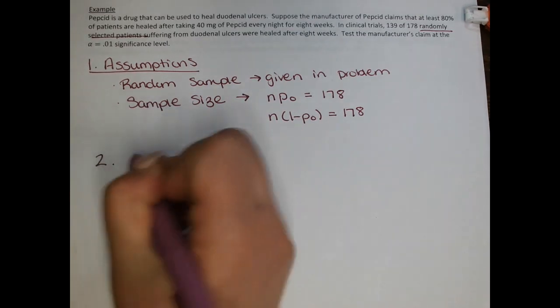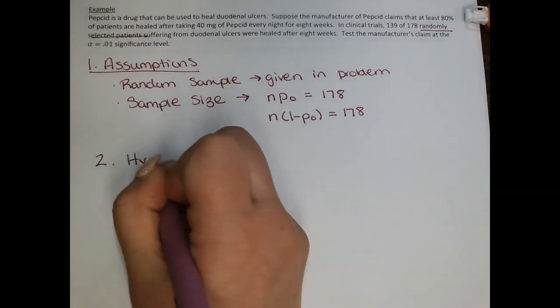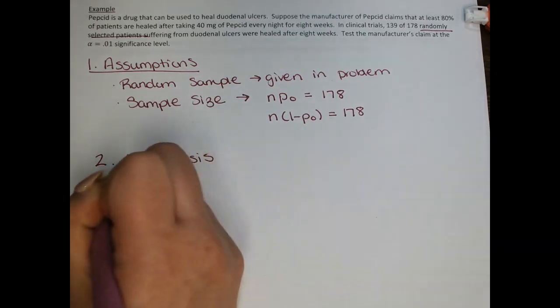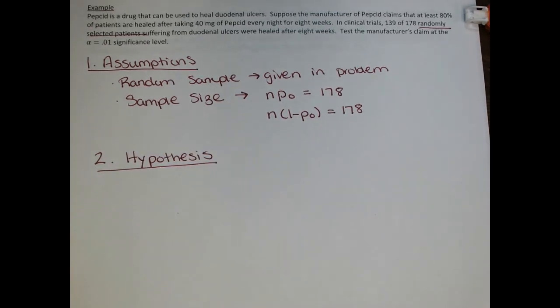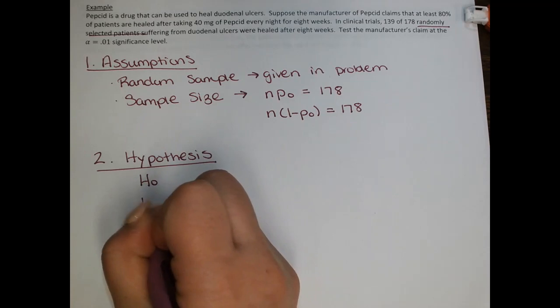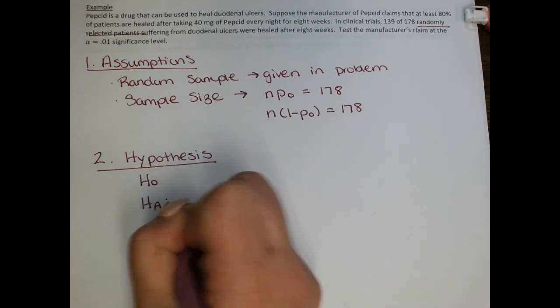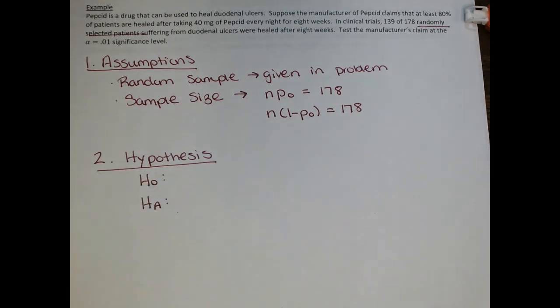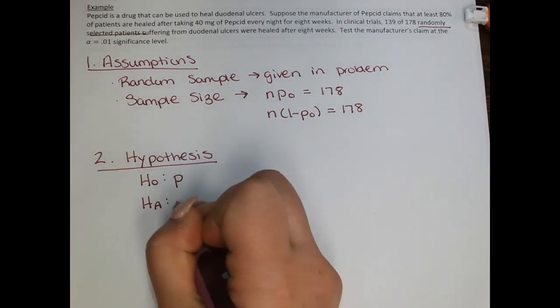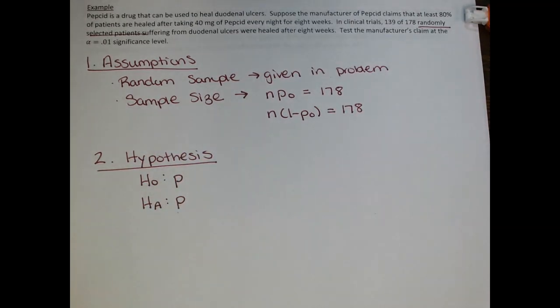And p naught is the value of the population proportion under the null hypothesis. So let's go ahead and jump down to our second step, which is identify our hypotheses. Then once we have our hypotheses identified, we can go back and finish our sample size check. Remember, for our hypotheses, we will have the null hypothesis and the alternative. Since for these examples we're working with the population proportion, we will have P. And the alternative is whatever we're trying to prove.